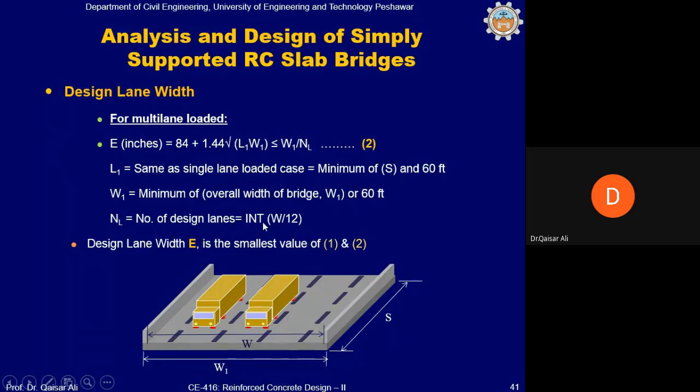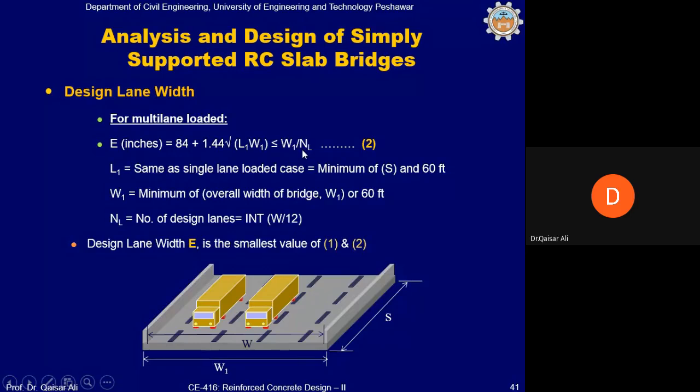It is an integer, which means that it will be taken as a whole number. W divided by 12, where W is the width of the bridge and 12 is usually taken as the typical design lane width. For example, if the width of the bridge is 30 feet, W is 30 feet, so W divided by 12 is 2 point something, which means that two design lanes can be accommodated at the same time. So this factor will be taken as 2.